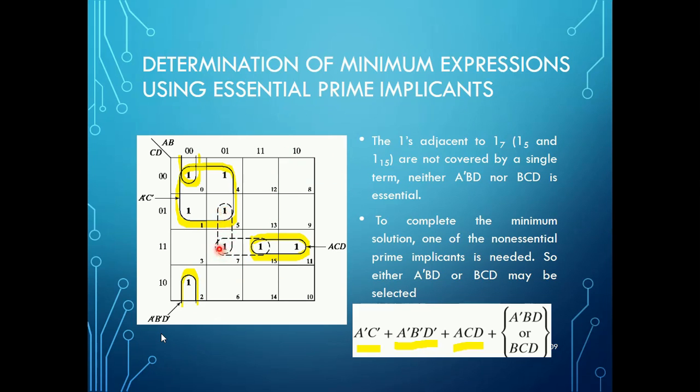You can include this one into A bar C bar, or you can include this one into A C D. So the final expression will be either A bar C bar plus A bar B bar D bar plus A C D plus A bar B D. Okay, so this can be one expression, or else another expression is also possible, that is A bar C bar plus A bar B bar D bar plus A C D plus B C D.